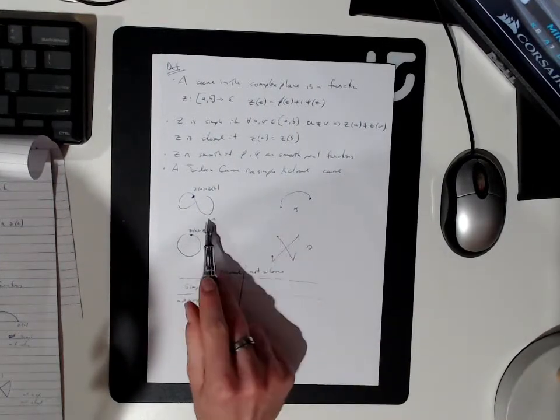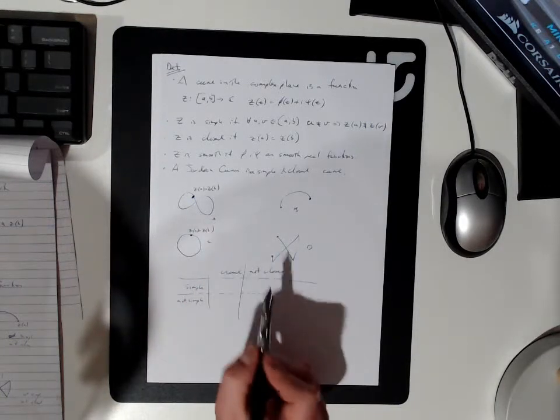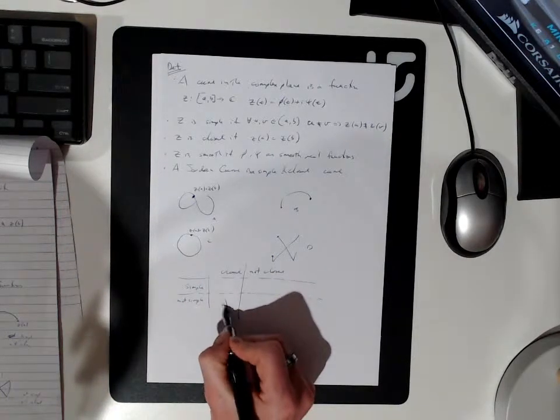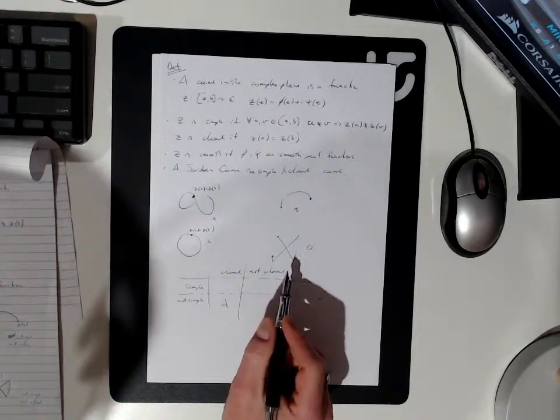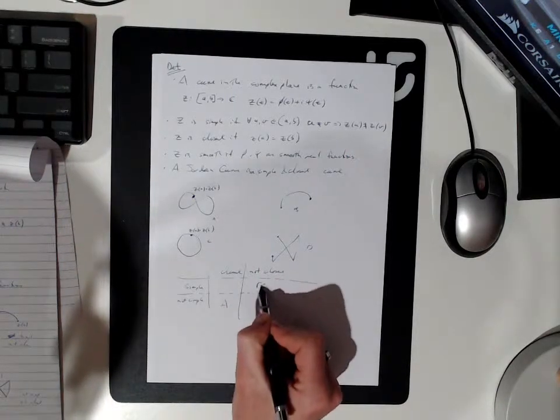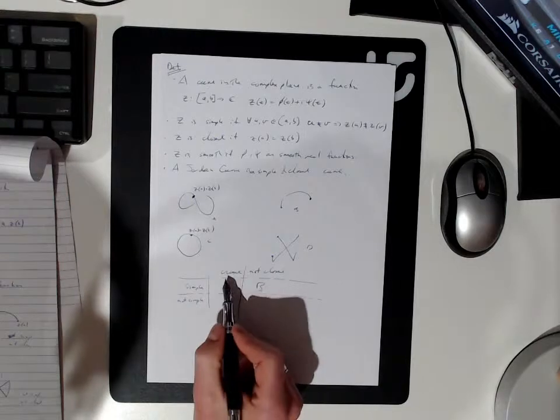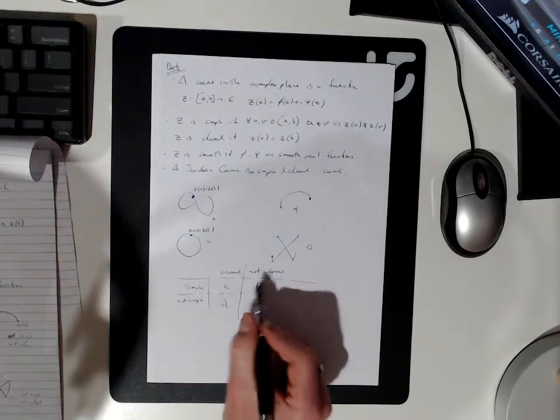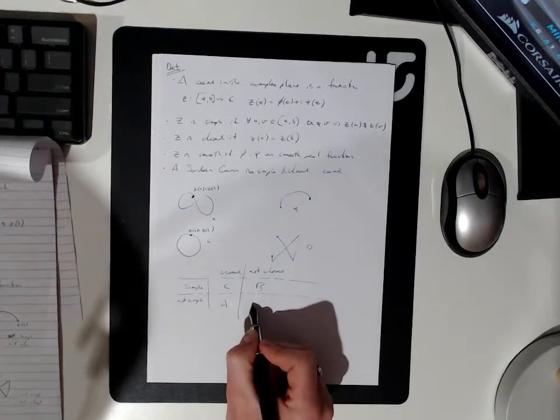Right. A is not simple, but it is closed. B is not closed, but it is simple. C is closed and simple, and D is not closed and not simple.